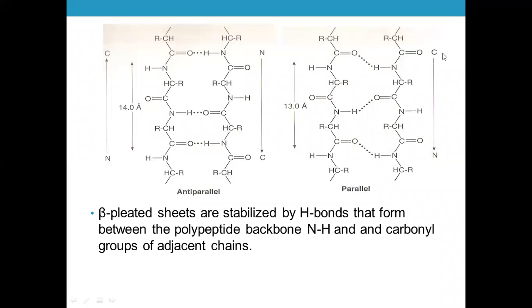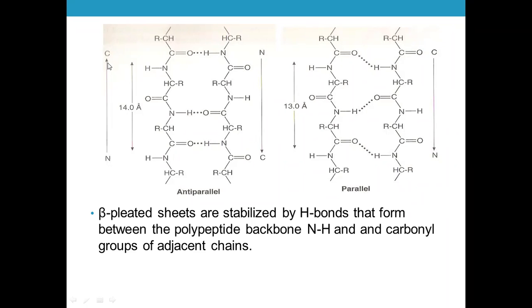Let's say you start from the C terminus to the N terminus, it has the same direction, and the other polypeptide backbone also has the sequence C terminus to N terminus. So if you encounter that kind of polypeptide backbone adjacent to another polypeptide backbone to form a beta sheet, then it is a parallel beta sheet form.